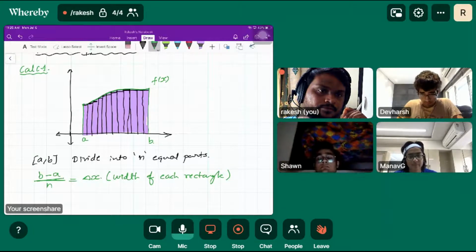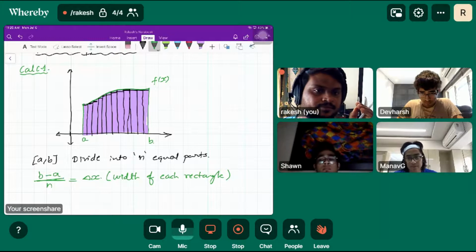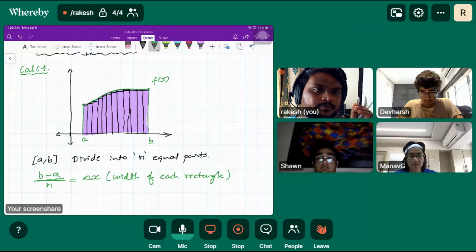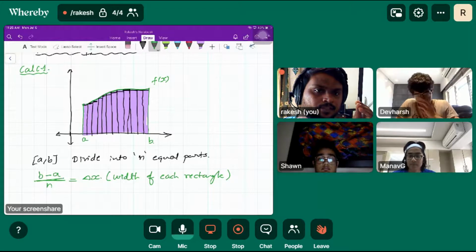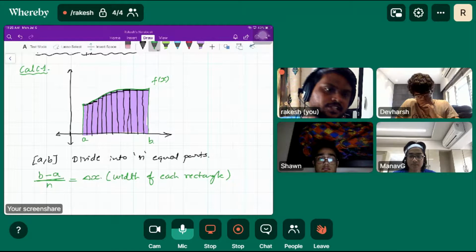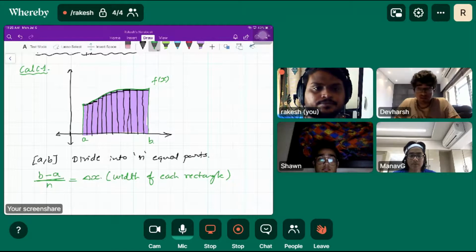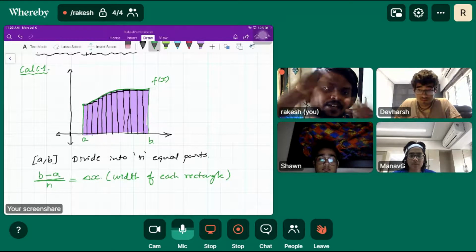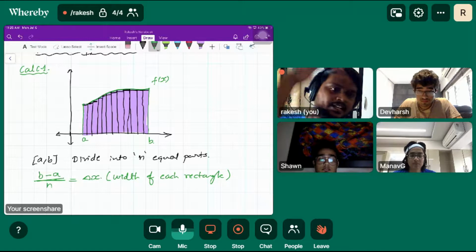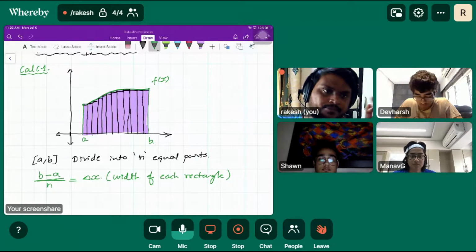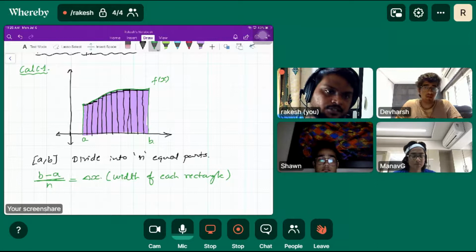The right side. Only the right side? If we plug in the right side, we'll get the higher approximation, and if we plug in the left side, we'll get the lower approximation, without discussing whether the function is increasing or decreasing, because it behaves differently for increasing and decreasing functions.